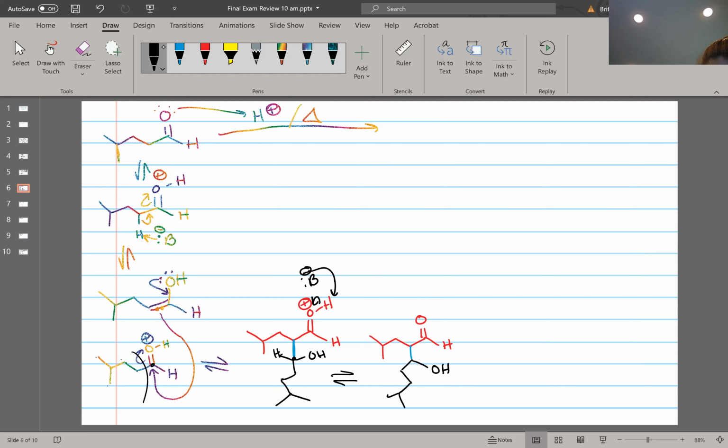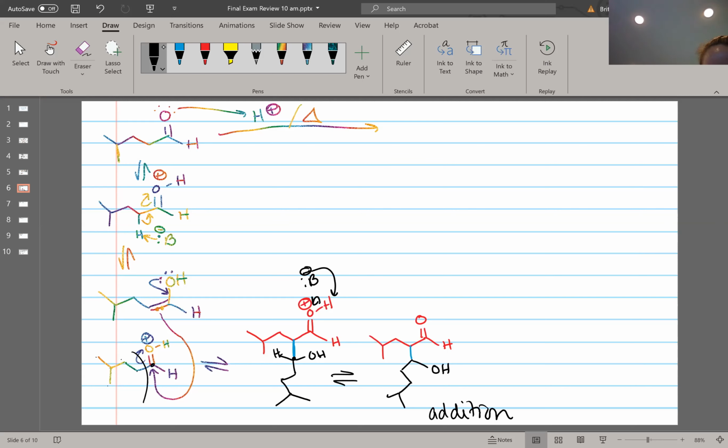Okay, so this is our aldol addition product, but we're not going to stop at the addition product. How do we know that we're not stopping here? Because heat is added. Right. So the presence of heat tells us that we're going to go all the way through the condensation.